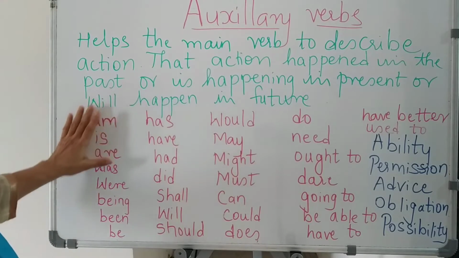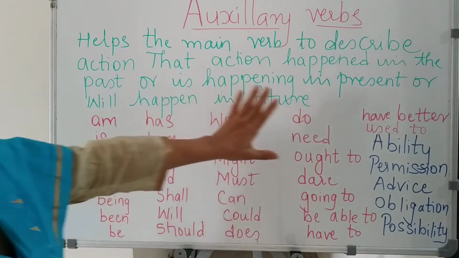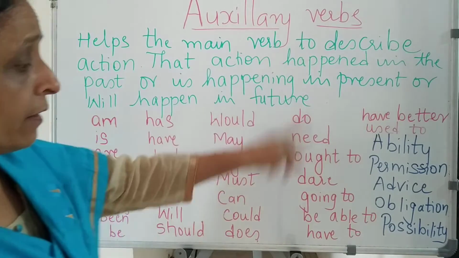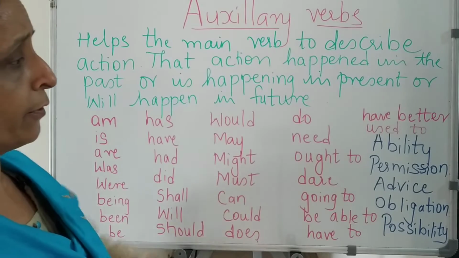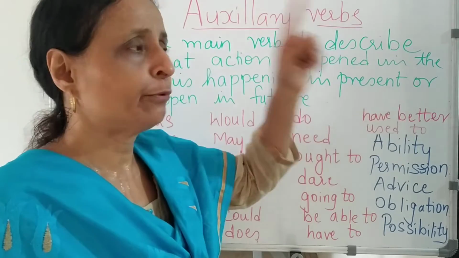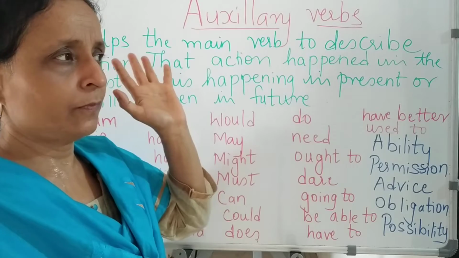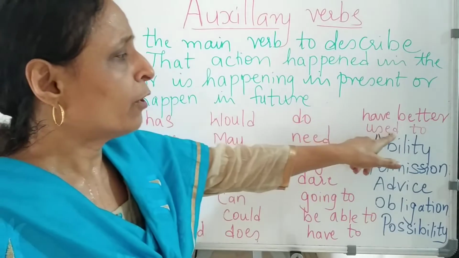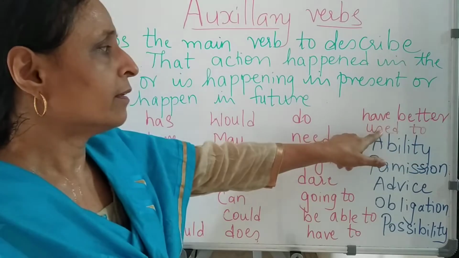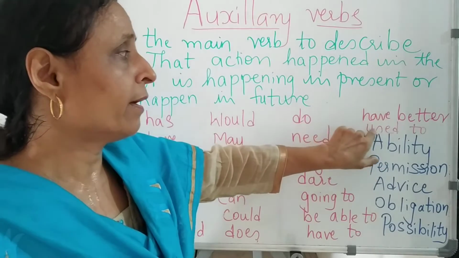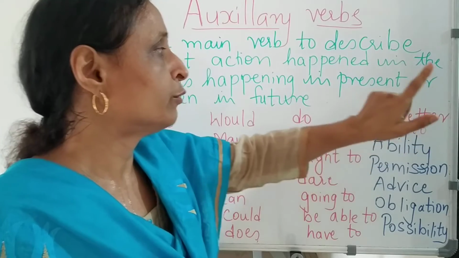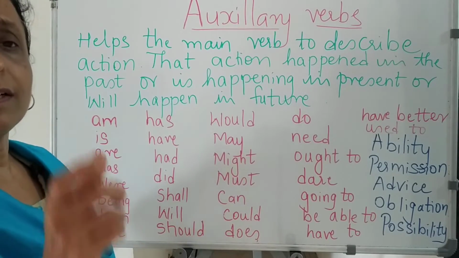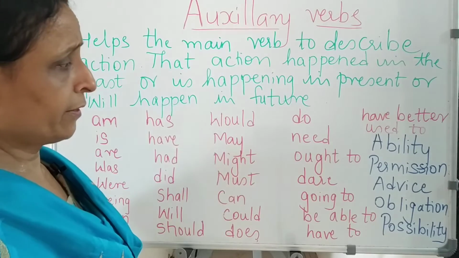So all these auxiliary verbs show ability, permission, advice, obligation, possibility, and there are more auxiliary verbs like used to. She used to study, or whatever activity. Whatever shows the past habit is shown by this auxiliary verb used to. And she dare not do it, that again is an auxiliary verb.